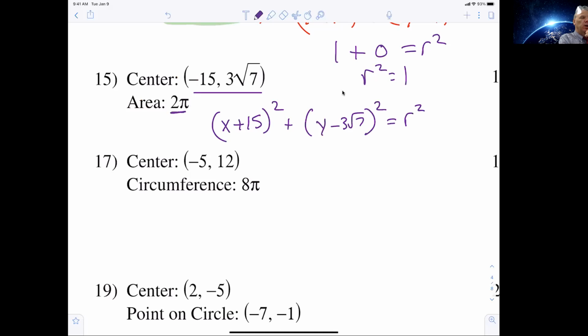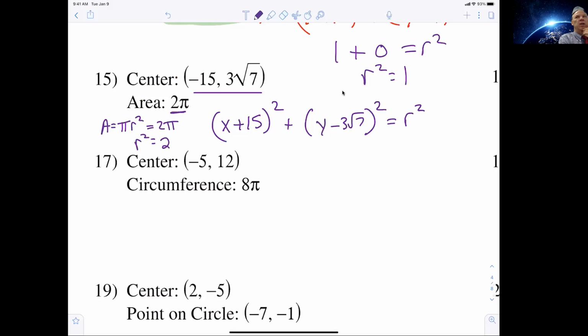So what's the formula for area of a circle? Stop. Area of a circle. Thank you. Pi r squared. And they're telling you that the area was what? 2 pi. Do you agree with that? So divided through by pi, and you get r squared is equal to what? Do I really care what r is?